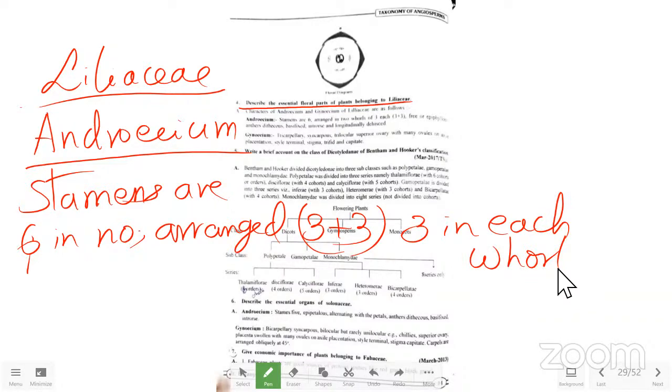In one circle 3, and in the inner circle the rest of the 3 stamens are present. That is the 3 plus 3. So we can say the stamens are 6 in number, arranged 3 in each whorl. In the bracket, we write 3 plus 3.